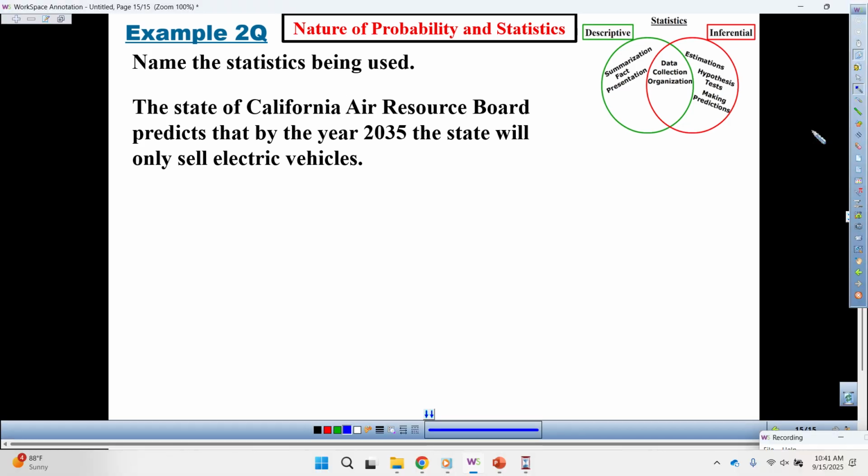Let's go with Sean. What is that? Descriptive or inferential? Inferential. What was the key word that made it that? That is correct. It's a prediction. Hands if you got that. That is correct. Let's go and do another one.